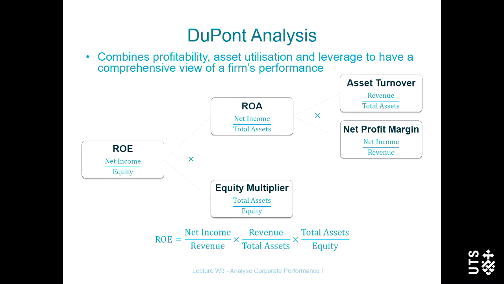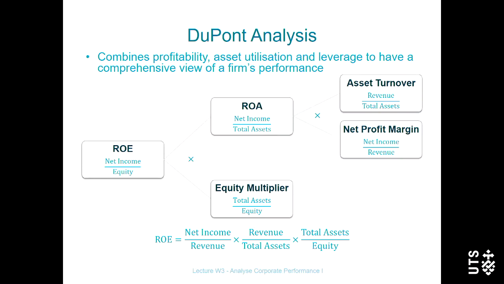If you multiply these two ratios, you cross out total assets and end up with net income divided by equity, which is your return on equity. What does return on equity tell us? It tells us how many cents we are giving shareholders at the end of the year per dollar of equity invested in the firm. The higher, the better.